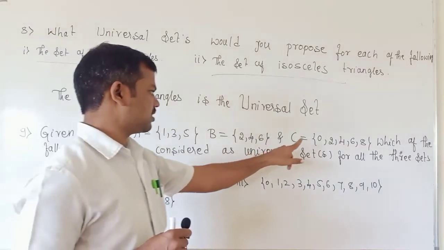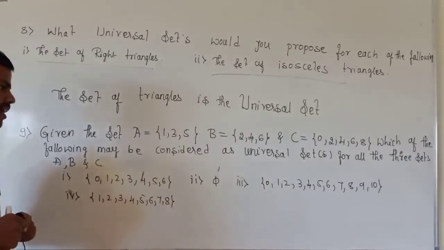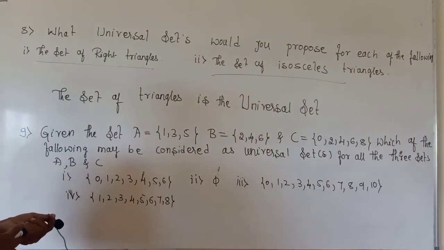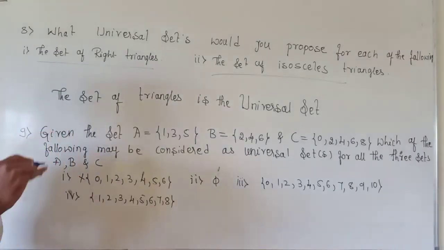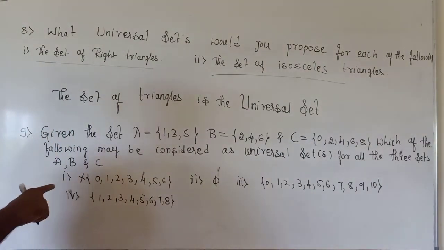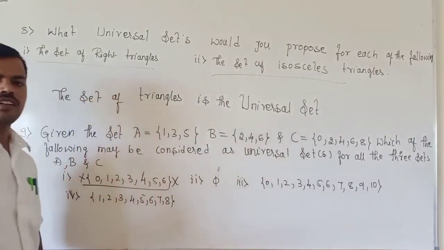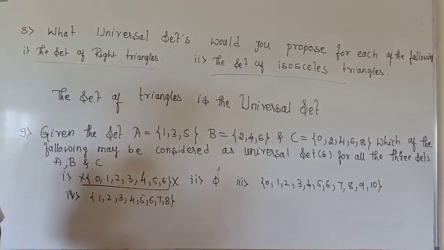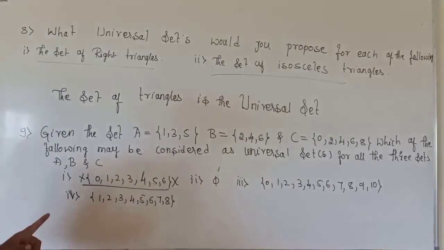Next, 0, 2, 4, 6, 8: 8 is not there, so C is not a subset of this. If it is not a subset, it will not become a universal set. It fails to become a universal set, because the given three sets must be subsets.